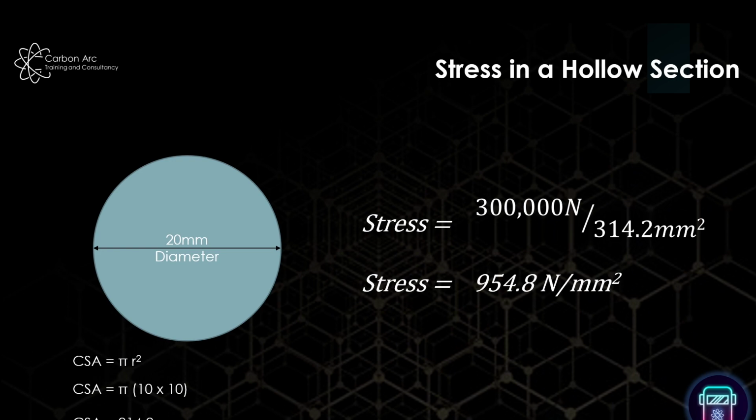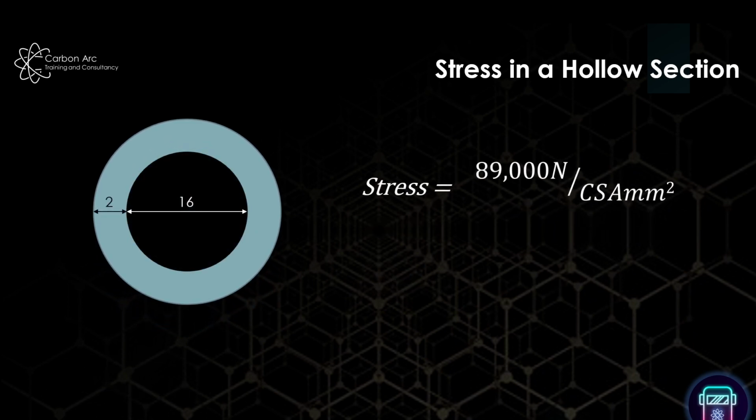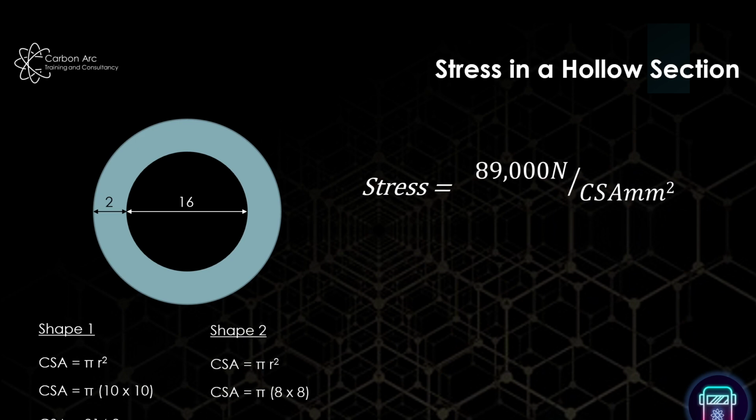So what about a hollow section in round bar? Well, the same as with the square bar we looked at before, we need to work out both a shape 1 and a shape 2. Then using that to work out the cross-sectional area of our material, we can say shape 1 minus shape 2 equals 113.1 millimeters squared.